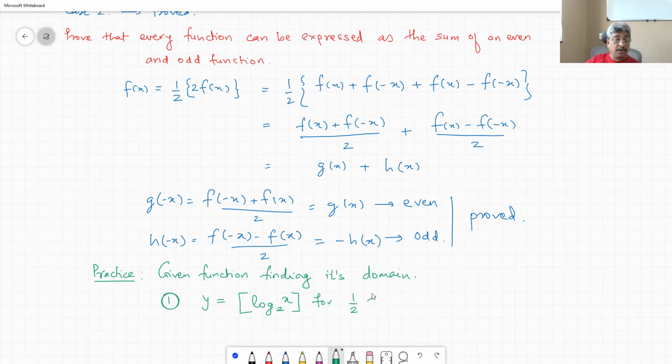Sorry, not find the domain, given the function, sketch the function. After that, we will find the domain. So x should be between half to 4. Sketch this and show it to me.